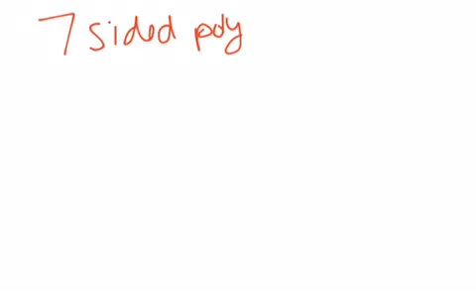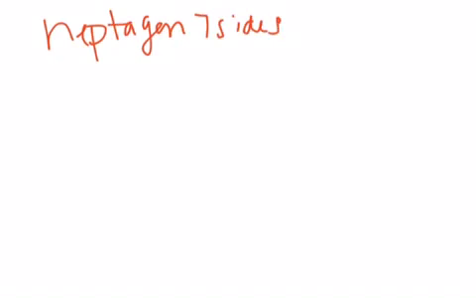All right, let's do that again. Let's do a 7-sided figure. Actually, I'm going to use the name. Let's do a heptagon, which is 7 sides, 7 vertices.